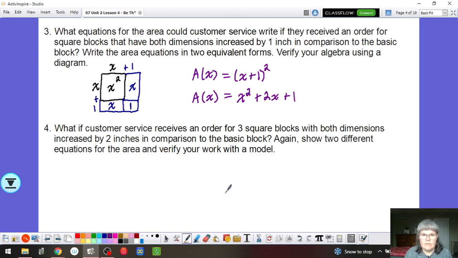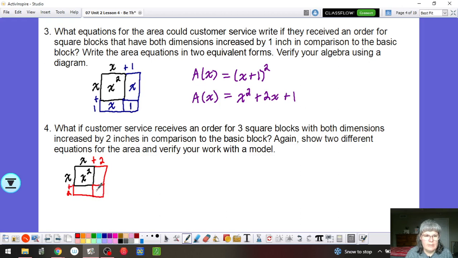What if customer service receives an order for 3 square blocks with both dimensions increased by 2 inches in comparison to the basic block? Again, show 2 different equations for the area and verify your work with a model. So we have our basic square, that is x by x for x squared, and we are increasing it by 2 in each dimension.